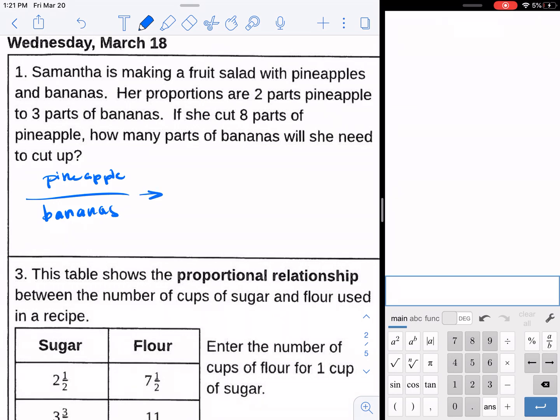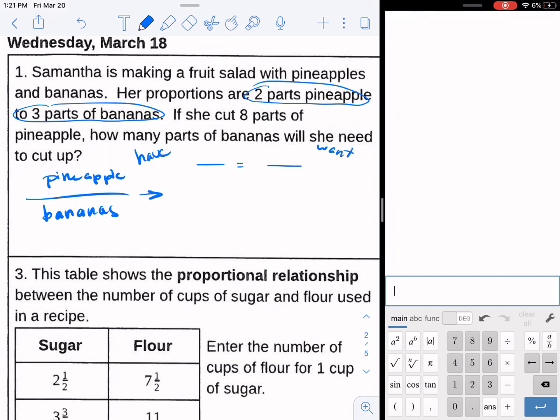Okay, lots of ways I can already see myself doing this. I'm seeing myself needing some room. On the top goes pineapples. So they gave me this information right here. So this is what we have. And we need to figure out what we want.